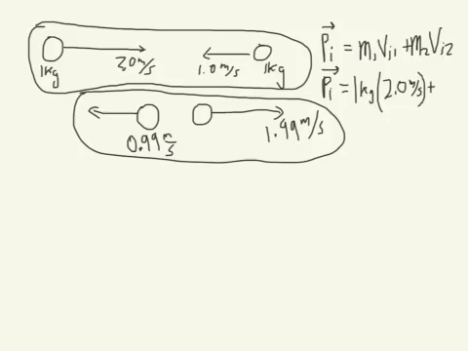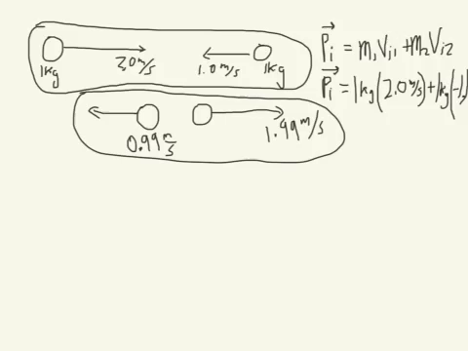And then the second ball also weighs 1 kilogram, and it is going 1 meter per second, but in the other direction. Now that's important because momentum is a vector quantity. These vectors oppose each other, so one of them has to be negative. Let's call the left one negative, because left is usually the negative direction on a coordinate system.